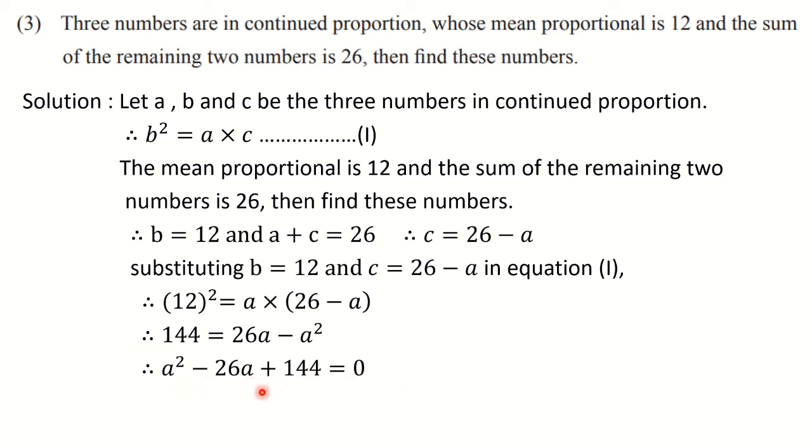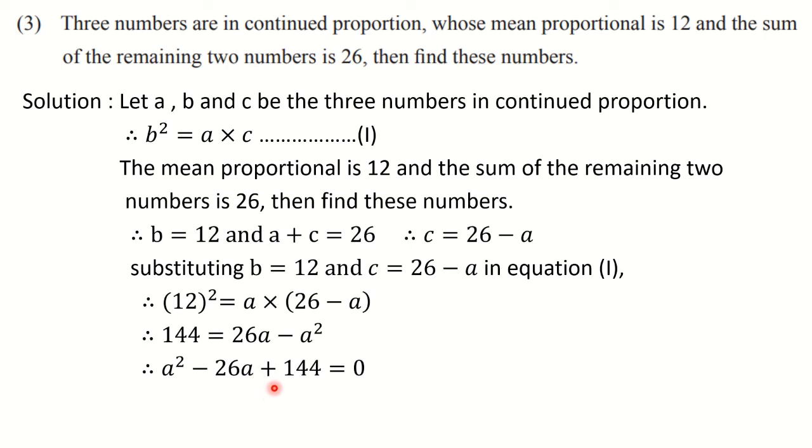We have to find two numbers. See, the first coefficient here is 1, and 1 into 144 is 144. And the last term is positive. That means we are going to think of two numbers whose multiplication is 144 and addition is 26. When the last term is positive, we think of addition, if you can recall, and if the last term is negative, we think of subtraction.